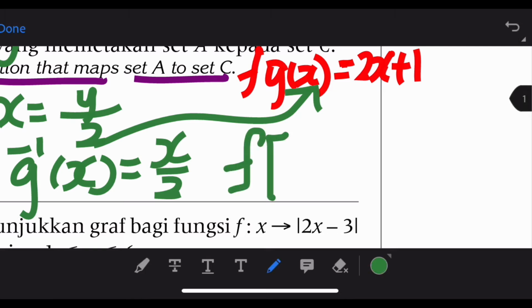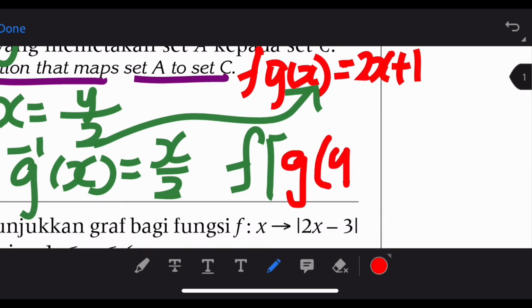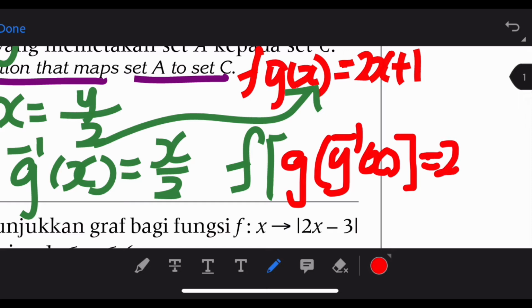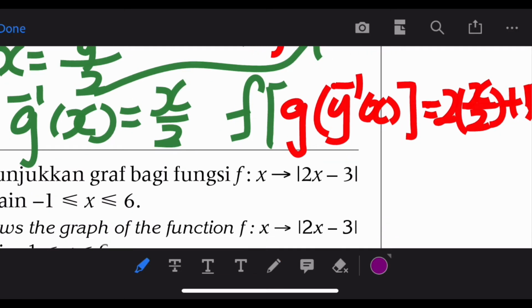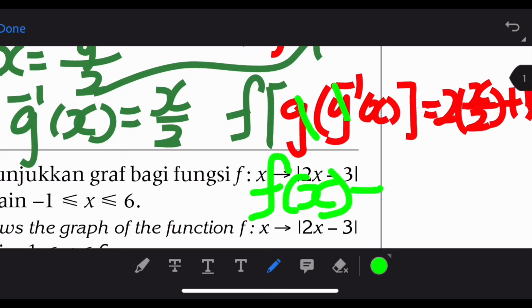So let's see, we have G here, and then we'll substitute the G inverse x, right? Then here we'll write 2x over 2 plus 1. Got it? Okay, why do we need to substitute the inverse of G? So that we can cancel out this one, right? So we can find fx equal to x plus 1.